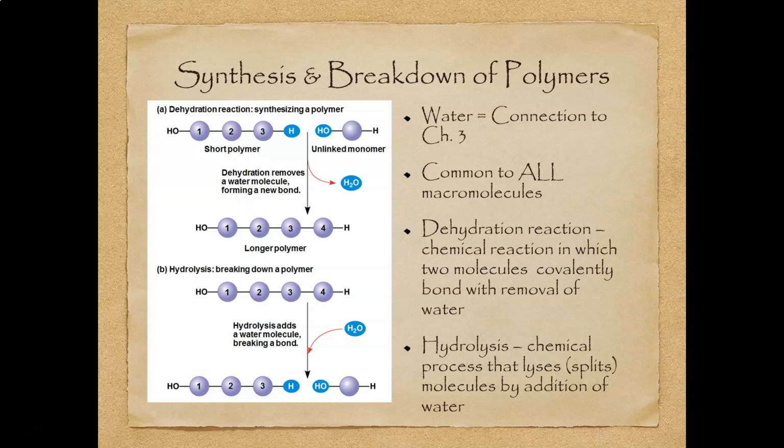And so by pulling off an OH from one end of a monomer and a hydrogen from the other, we end up with water either coming in or going out, and we thus can utilize the empty bonds by removing those hydroxyls and hydrogens and link them together, or we can add that water and split the bond, remove the monomer from there.